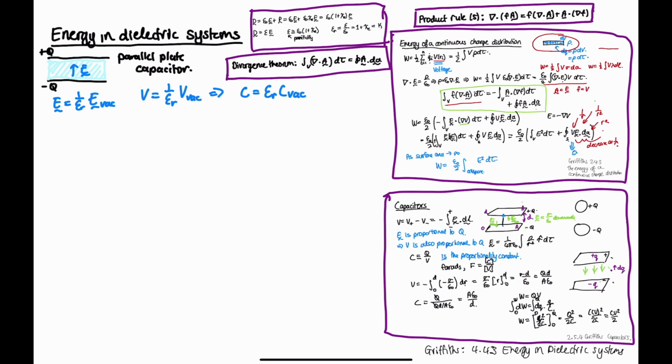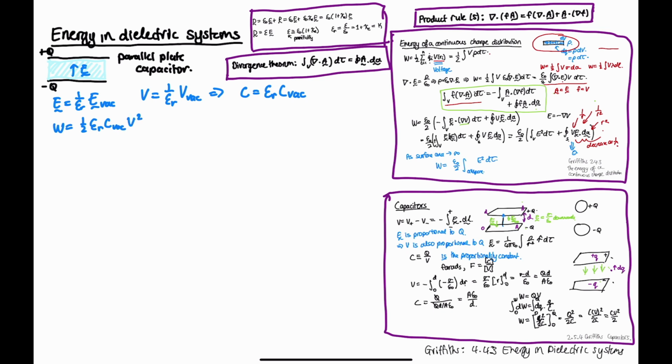And now we can use this to calculate how much energy is stored in this capacitor, because when we were looking at capacitors, we calculated how much energy was needed to charge up our capacitor, and it's given by a half CV squared. So if we're charging it up to the same voltage V, then the work needed to charge it to that voltage is given by a half epsilon r C vac V squared.